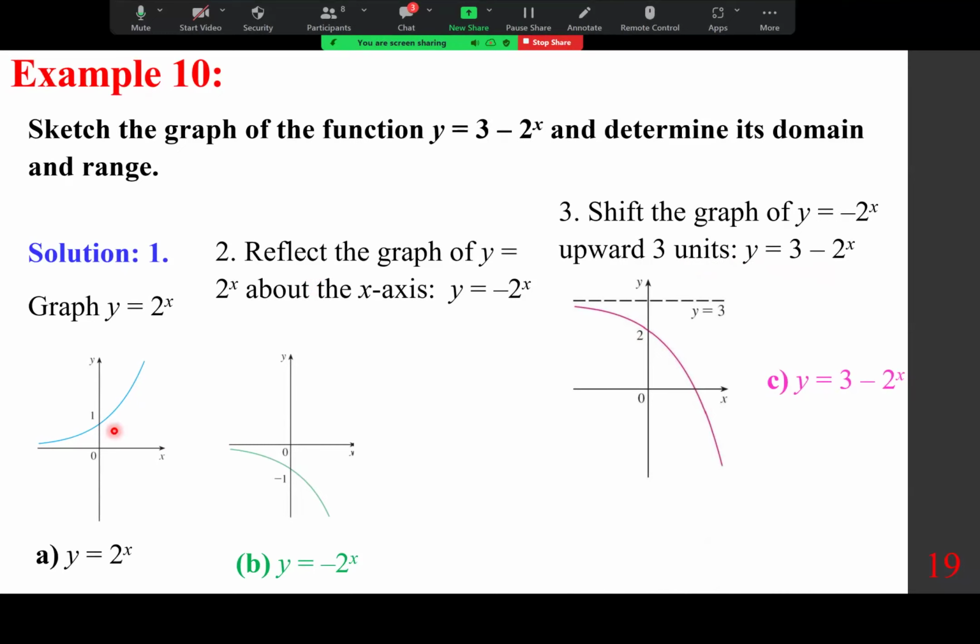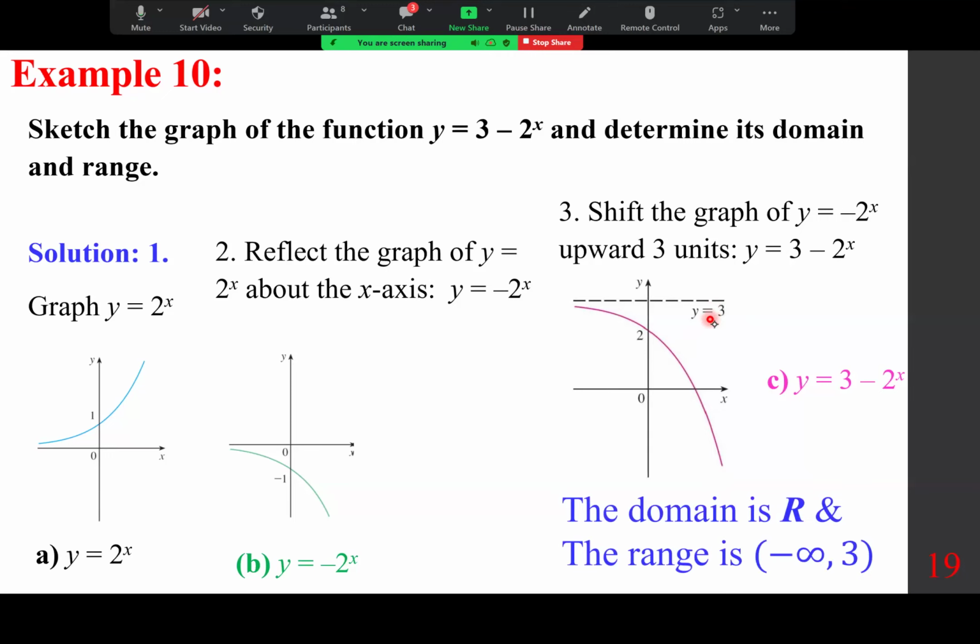I want to make sure everybody understands: the range here is 0 to infinity, from here is negative infinity to 0, and here is negative infinity to 3. So minus infinity to 3. The effect is that we now have a different horizontal asymptote, y equals 3.